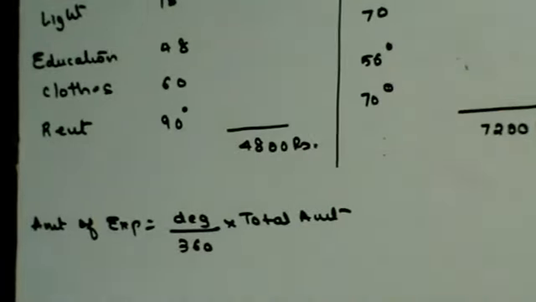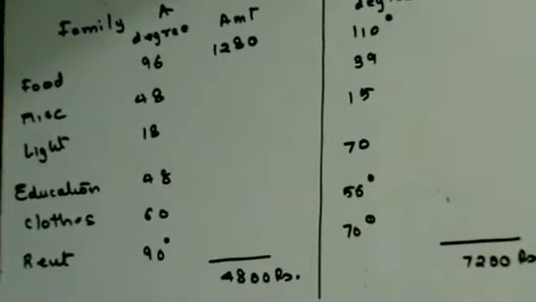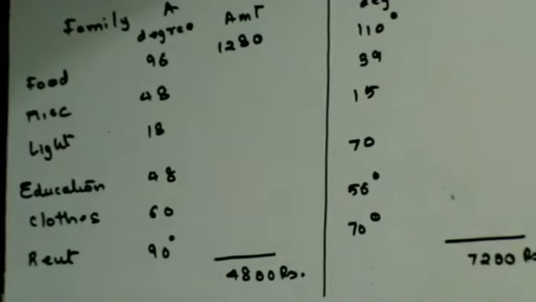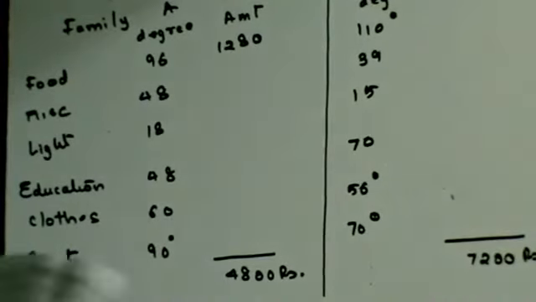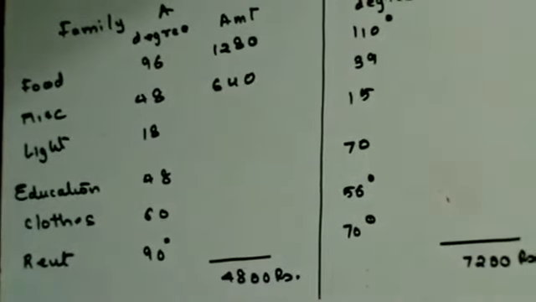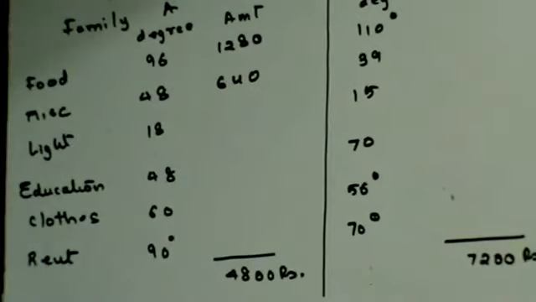So for food it will be 96 divided by 360 into 4,800, which would come to 1280. Next, miscellaneous should be 48 divided by 360 into 4,800, which would come to 640. Light will be 18 divided by 360 into 4,800, which would come to 240.